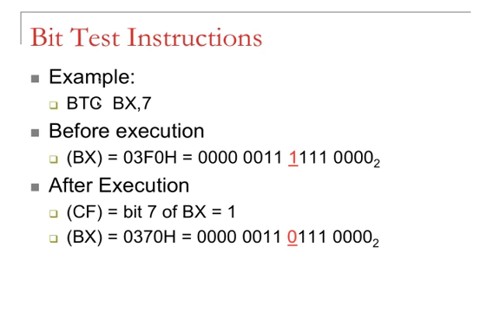If I change the C to an R, so BTR, that's bit test and reset, the CF will still be the same 1 because it's going to save this value. The original value is 1, so it's going to be a 1 again.